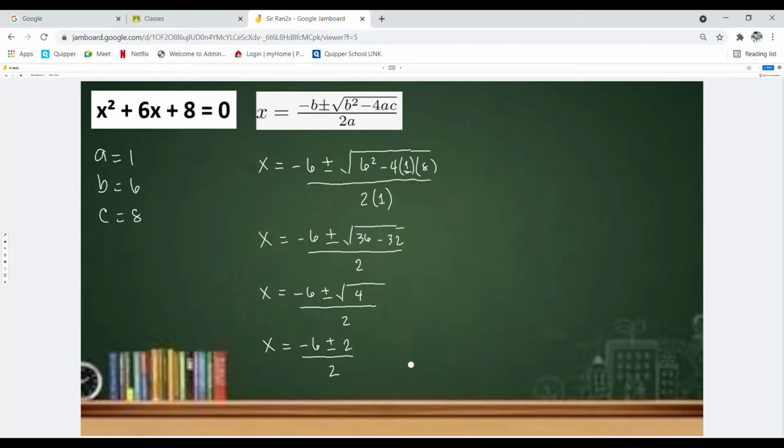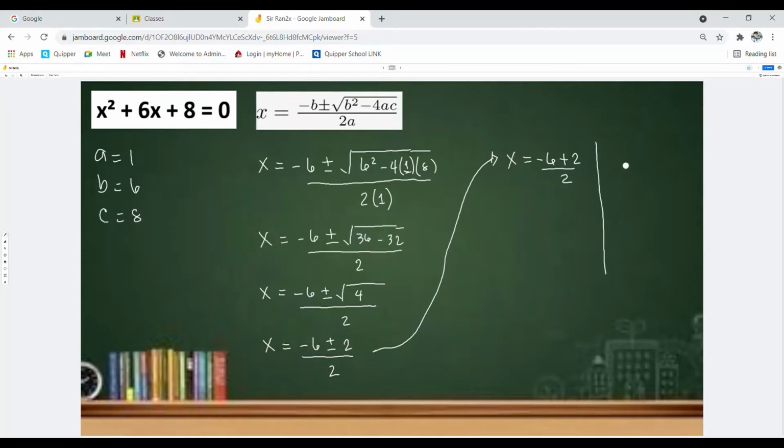Okay, so you are now about to get the solutions or roots. So here, as you can see, you're going to separate positive and negative 2 to get your x's. So x is equal to negative 6. Let's take first the positive 2, then over 2.